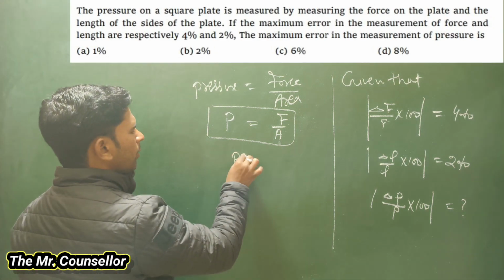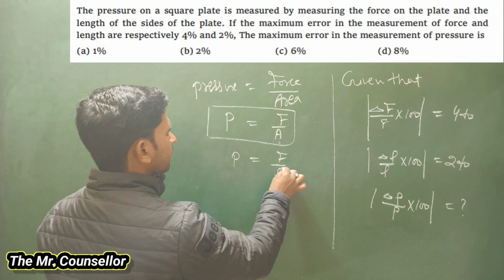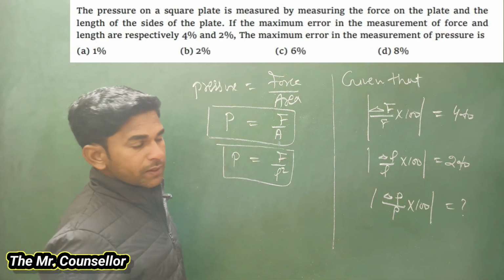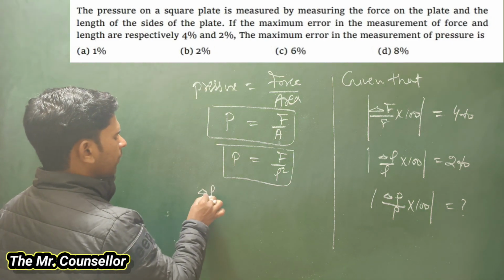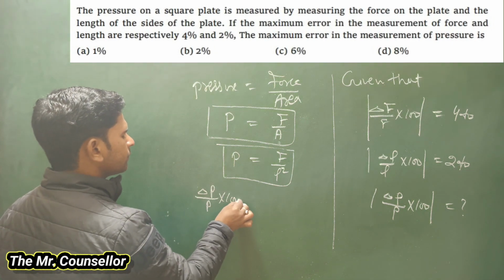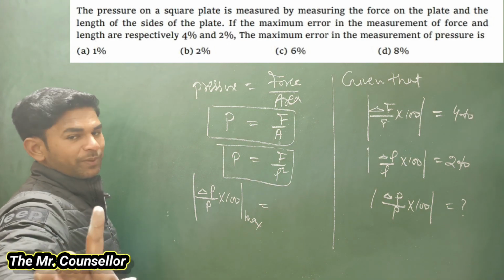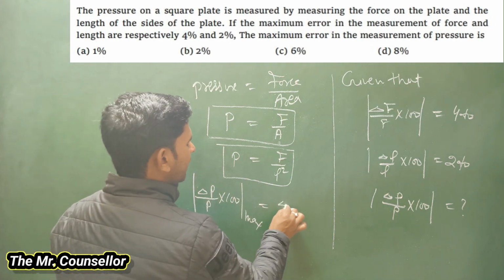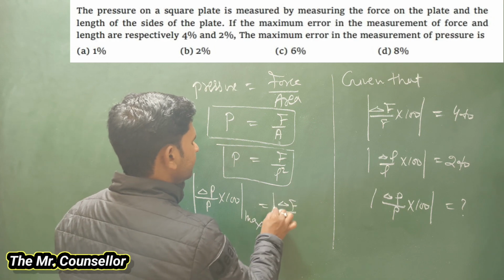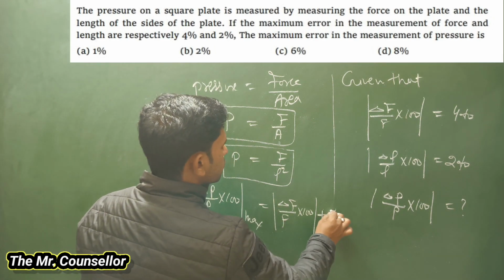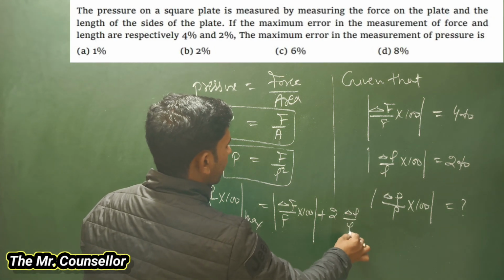So we can write P is equal to F over L square. After that you can write it in the form of percentage error: del P over P, maximum. You are finding the maximum percentage error. So now you can write del F over F, very good, plus 2 del L over L.